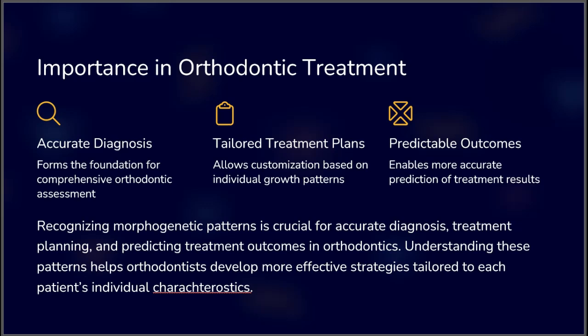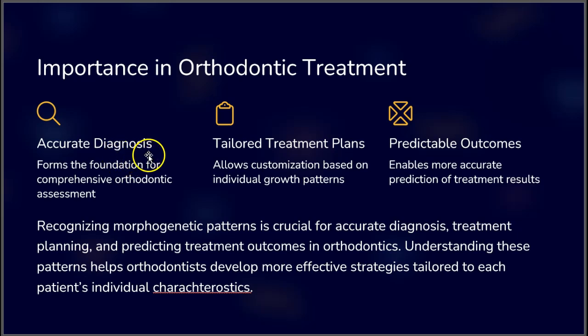Let's move on to another text slide here. And I've mentioned this before. We do need to have an accurate diagnosis. We need to put the patient in one of those categories and recognize that some normal divergent patients may not be clear-cut normal divergent, they may be slightly hyperdivergent.